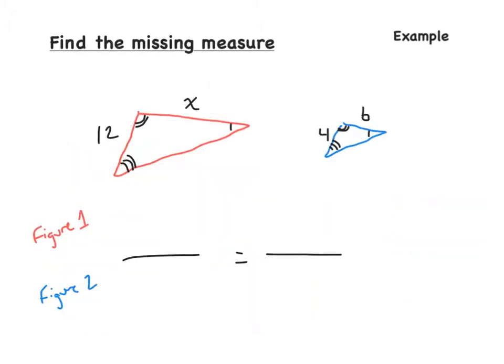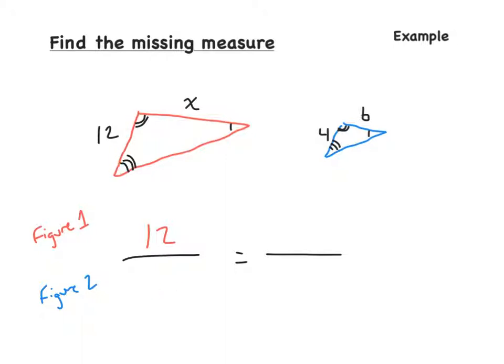So now we are trying to find the missing measure. This is an example, so please write this down. We're trying to solve for x. I'm going to use the red triangle as figure 1, blue triangle as figure 2. If we write down the side of 12, what's the corresponding side for figure 2?